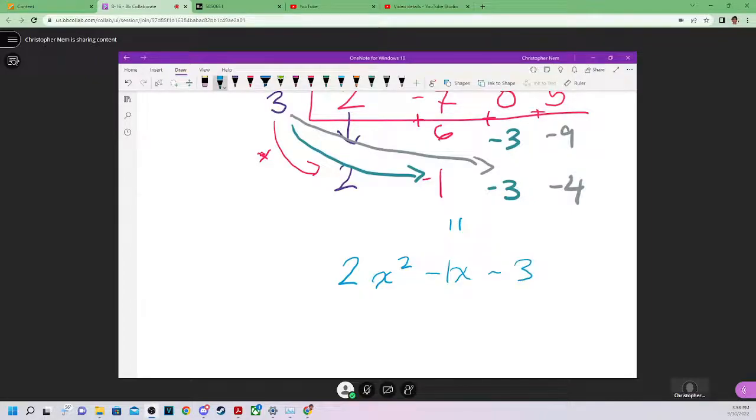I'm just going down a power every single time. And now, this last part is a constant, so it has to be a remainder. So I'm going to write remainder -4, and you can write this as remainder -4 over x minus 3.